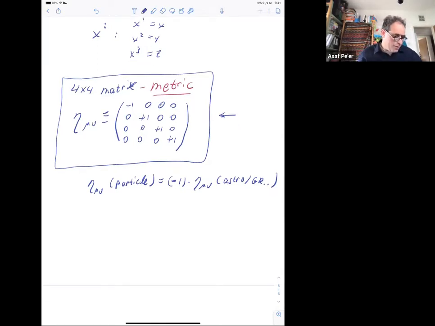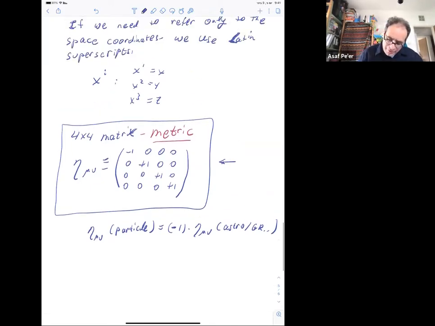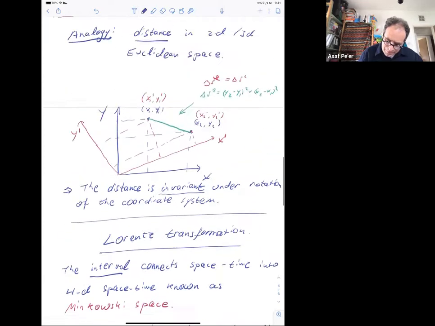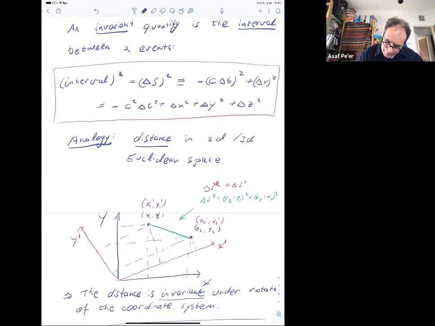Now, with this new and compact form, I can write down this interval, which I introduced here. I think I can do a trick. Copy.